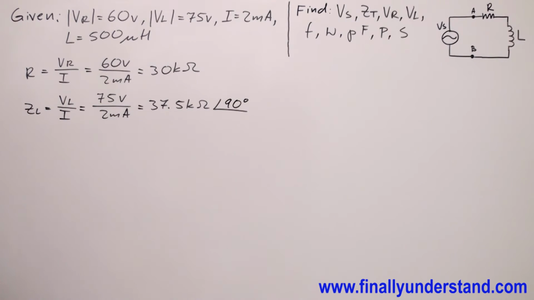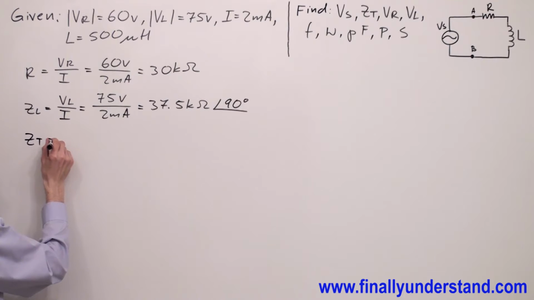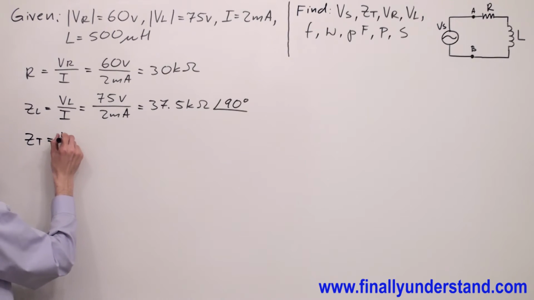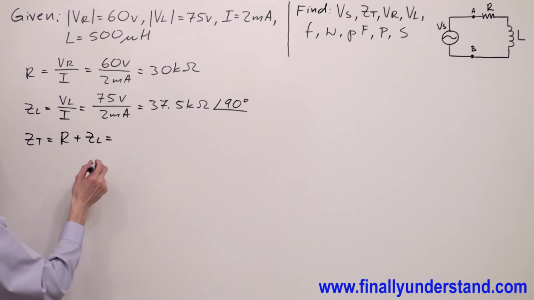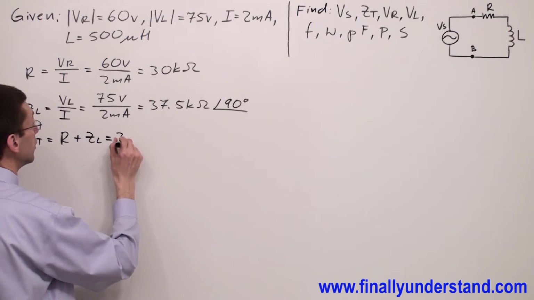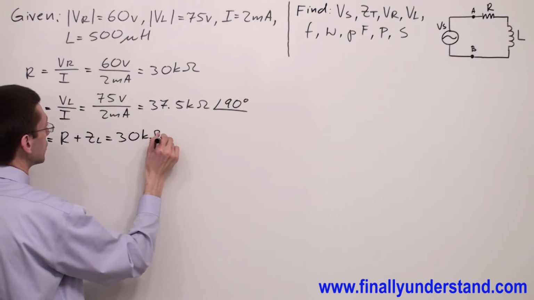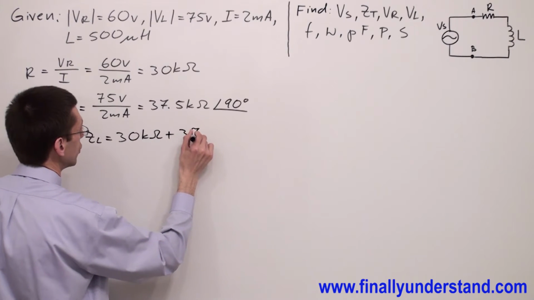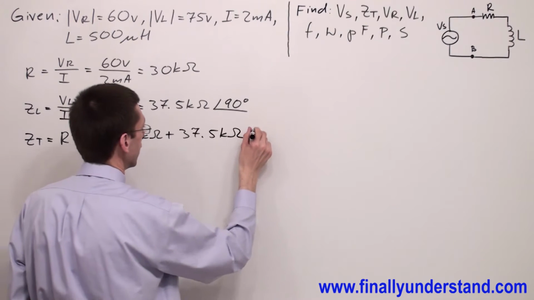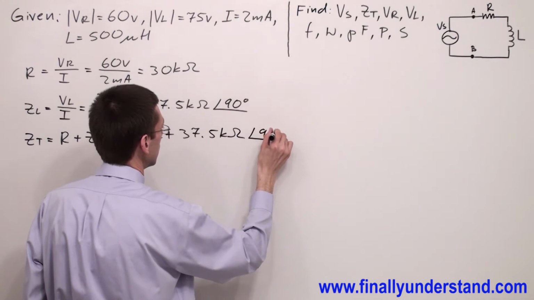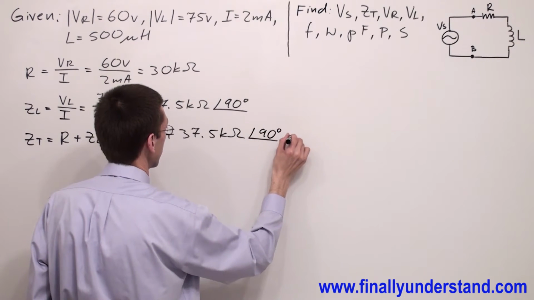Next, we're supposed to find Z total. Z total is equal to resistance plus ZL, because this is series circuit. So I have 30 kilo ohms plus 37.5 kilo ohms and angle of 90 degrees.